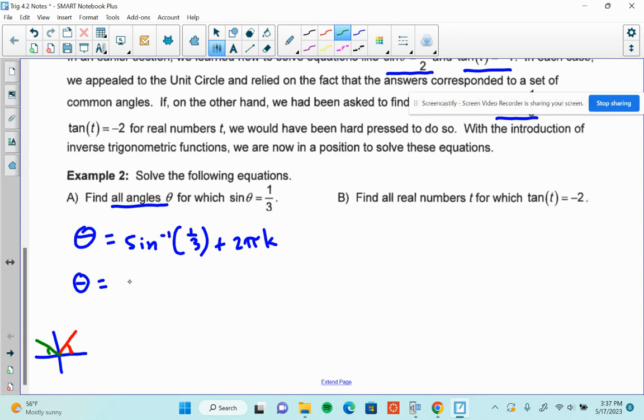So that would be, this green angle would be pi minus sine inverse of 1/3. But then if I add any multiples of 2 pi to that, I will have the other solutions. So those are the solutions where k is any integer.